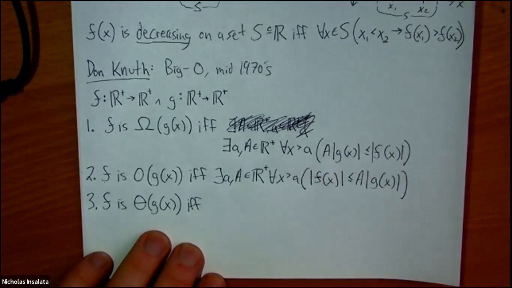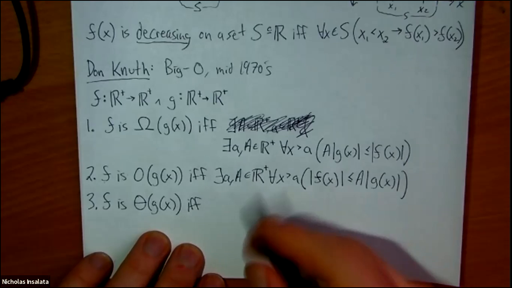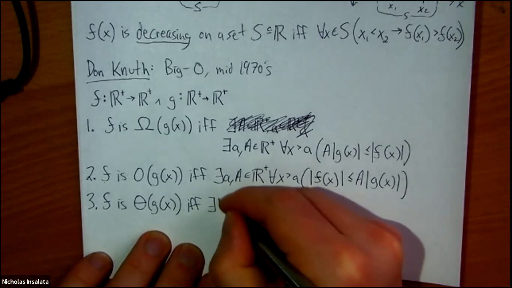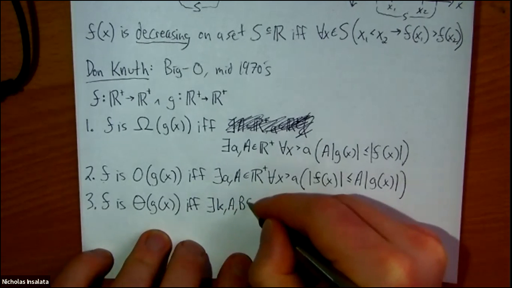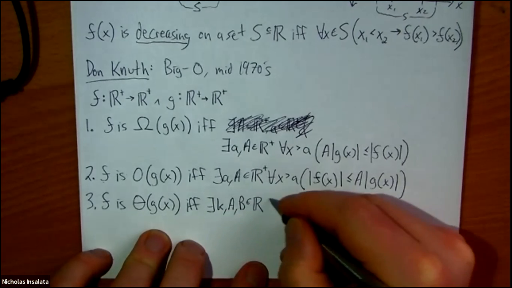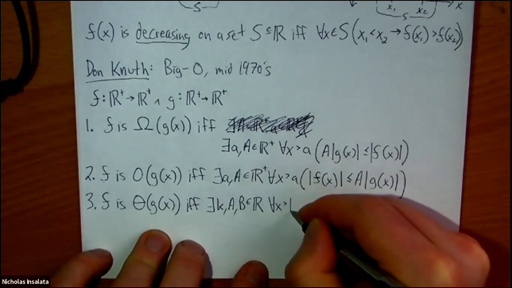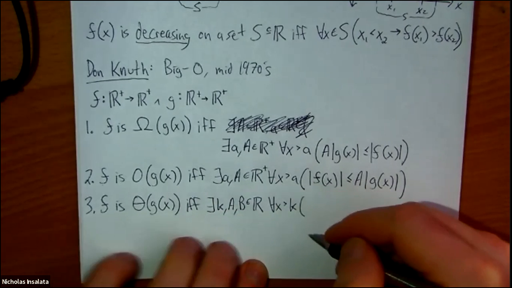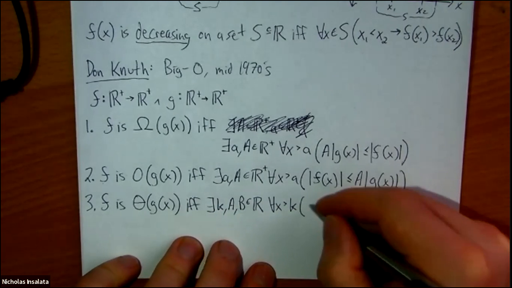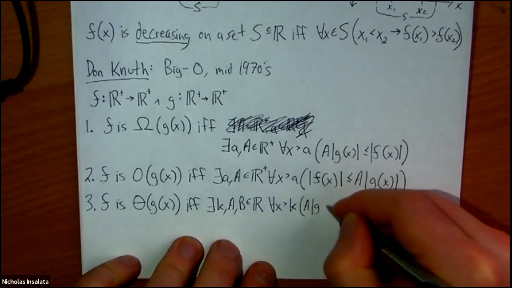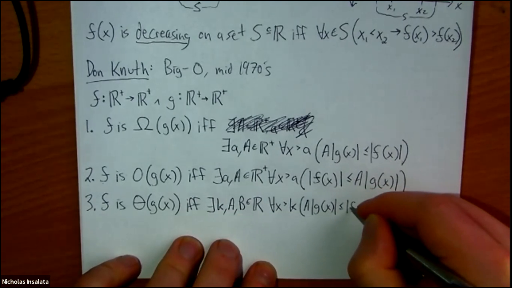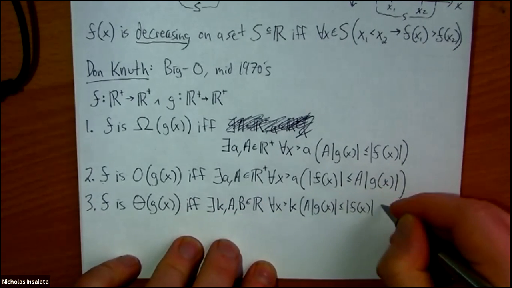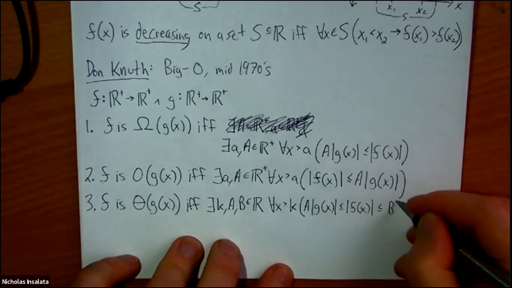Okay, so great. We have there exists K, A, and B in the positive reals, such that for all x greater than K, A times the absolute value of g of x is less than or equal to the absolute value of f of x is less than or equal to B times the absolute value of g of x.